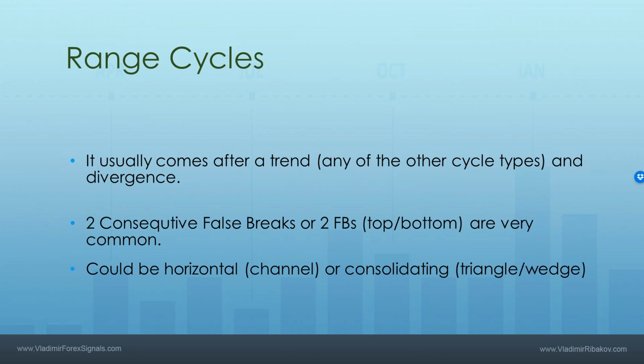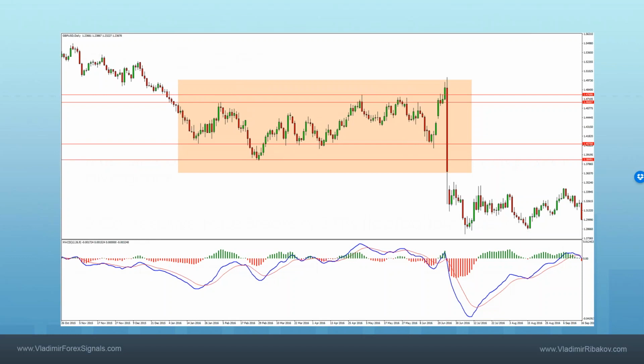Two consecutive false breaks, or two false breaks at the top and bottom, are very common, and this is how we define the beginning of the range. A range could be horizontal, a channel, a consolidating triangle, a wedge, or any other way you choose to name it. Now here is what I'm talking about.